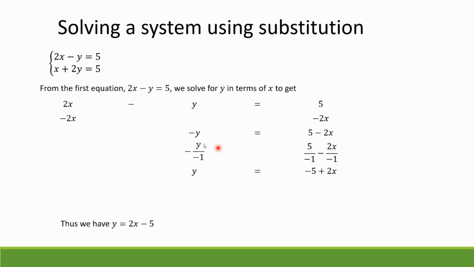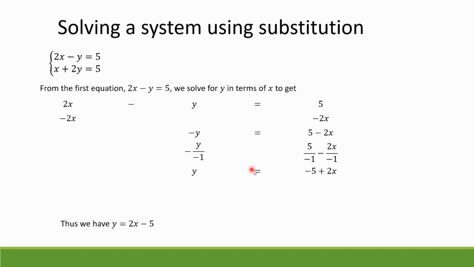So let's do it. We want to get rid of the negative sign, so let's divide both sides by -1. Negative y over -1, the negatives cancel, you just get y.